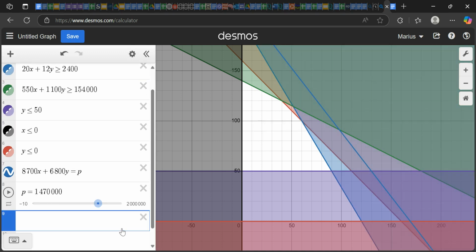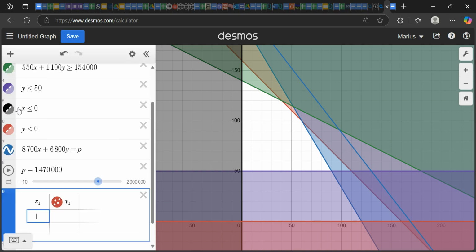We can enter here a table, and inside this, in the third column, we can enter 8,700x1 plus 6,800y1. Yes.